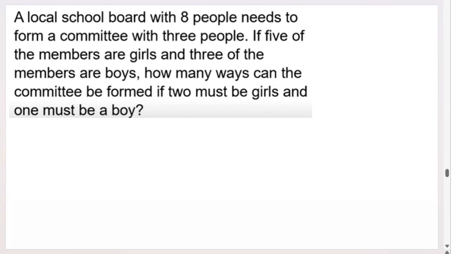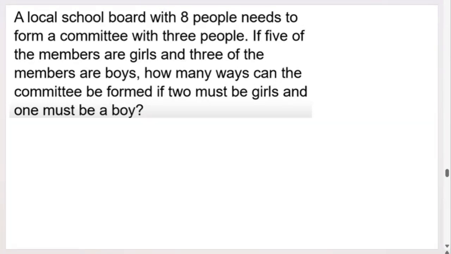However, in this context, there is more information. They are saying 5 of the members are girls and 3 of the members are boys. It is still detailed information about these 8 people. 5 plus 3 is equal to 8. They are just giving you details so that you can have a picture.